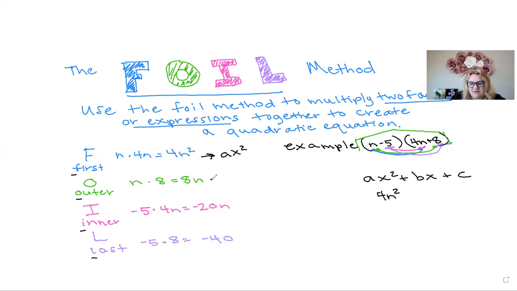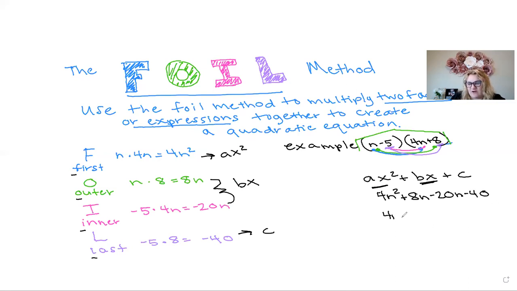These two together you can combine to be bx. So you would literally put plus 8n minus 20n because we're going to combine them, because they create the middle term of the quadratic equation. And then lastly, the number without the variable is going to be the c.